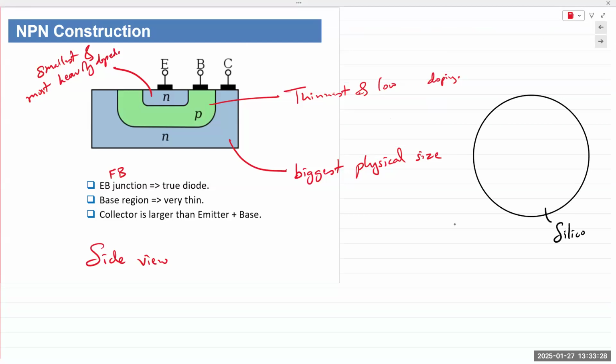This is looking at it from the top. And again, today I forgot to bring wafers for show and tell. And you don't have to draw these out. This is just for explanation purposes.